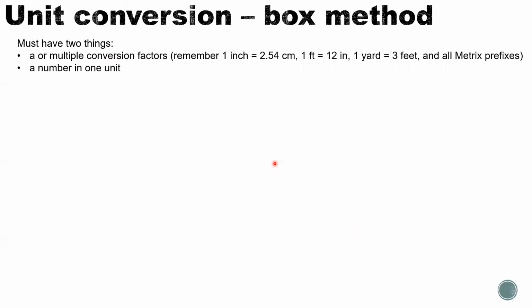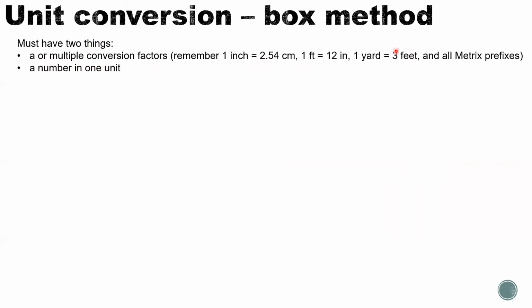Unit conversion is one of the most commonly used skills in General Chemistry 1, so please make sure you understand it. When we do unit conversion, we need 2 things. The first is 1 or multiple unit conversion factors, such as 1 inch equals 2.54 centimeters, 1 foot equals 12 inches, and so on and so forth.